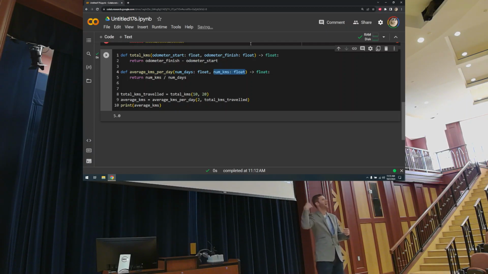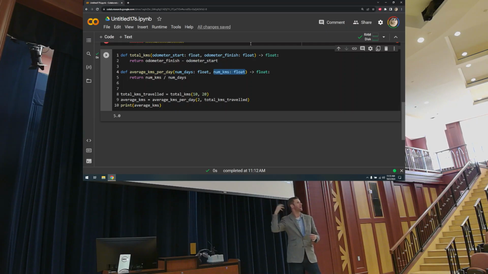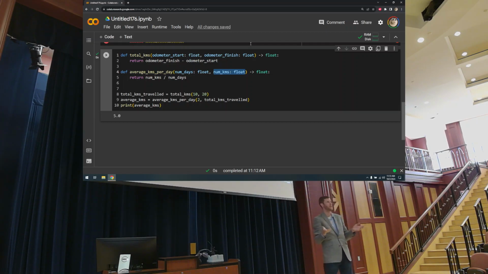It just needs a value. And it doesn't care where that value came from. The fact that it came from a previous function call is good. But now, average kilometers per day really doesn't depend on total kilometers being an existing function that they could call. It only cares about getting a value for how far did I drive.